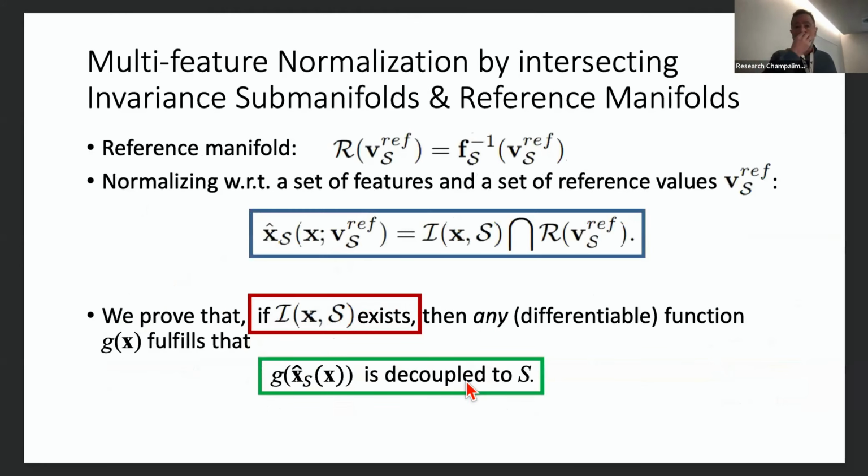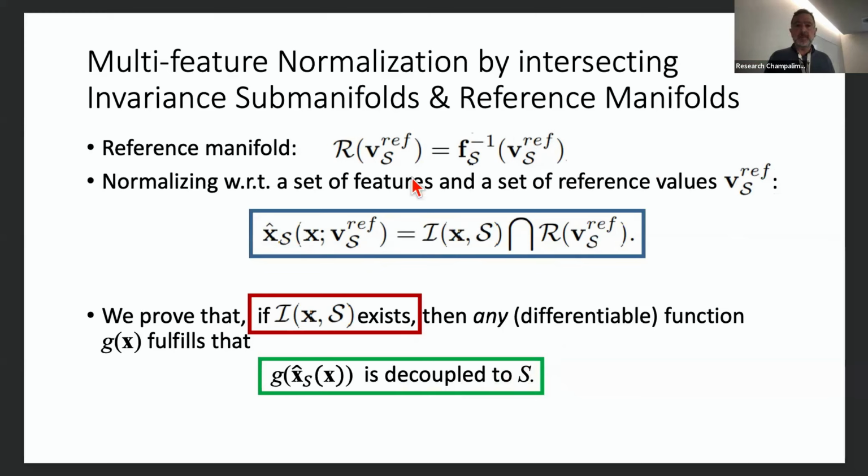So now, if this invariance manifold exists, and this is the big thing, the big if, then any differentiable function g(x) fulfills that this new function is decoupled from every feature in S, from every one. When I say that it's decoupled from a set of features, it's decoupled from every feature in the set. That's the important thing. And we can write in a more general way our normalized solution as the reference manifold.